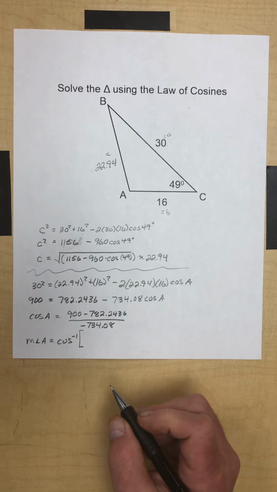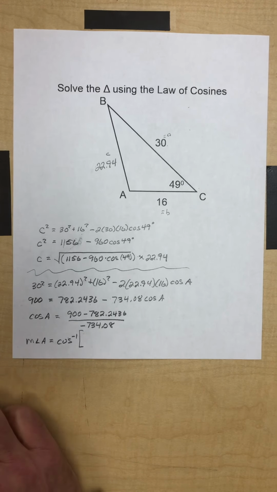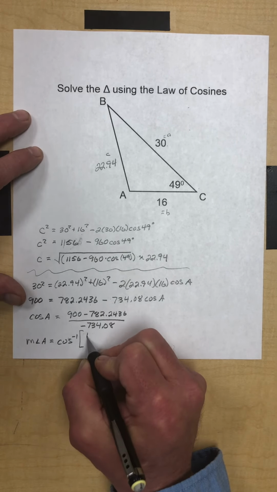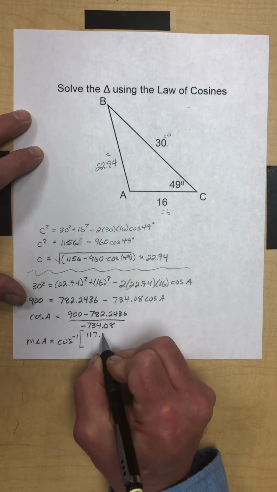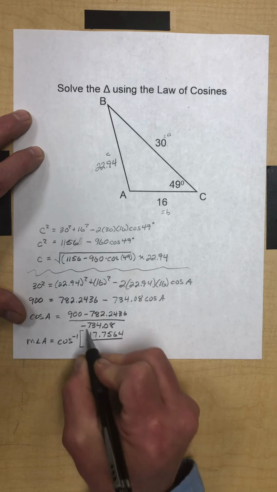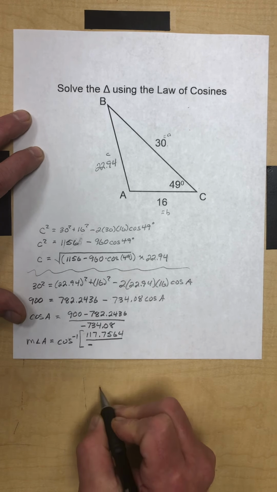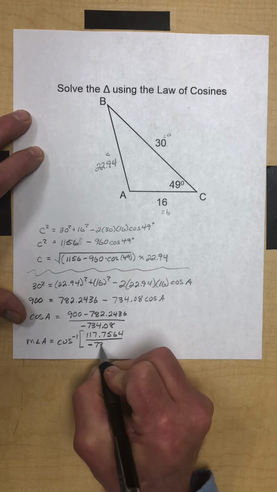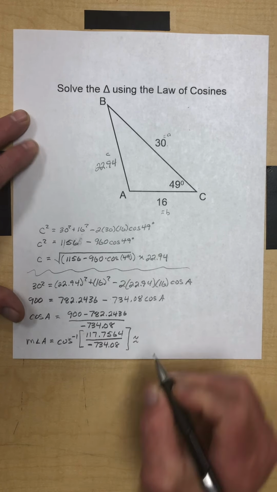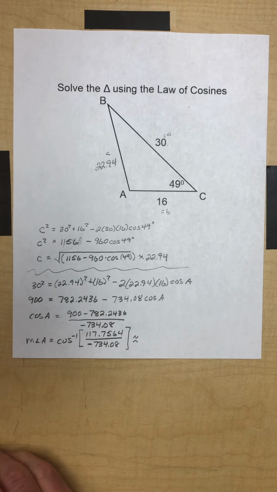I could do the subtraction in the numerator, make my life a little bit easier. 900 minus 782.2436, and so I am getting 117.7564, all divided by, now, don't forget that negative sign. If you forget it, you're going to get the wrong answer. 734.08. And then I'm going to punch that whole thing in there. So we go second cosine inverse.